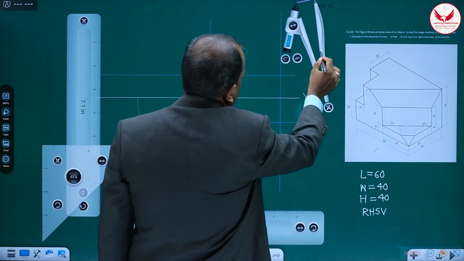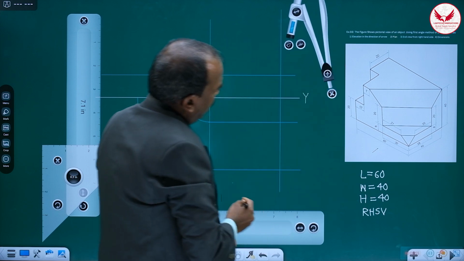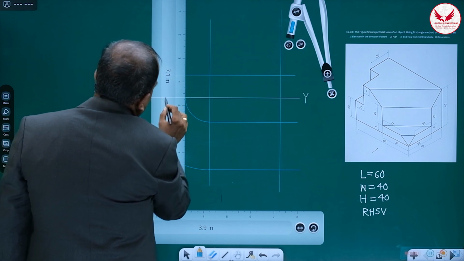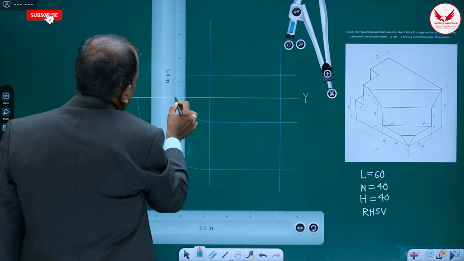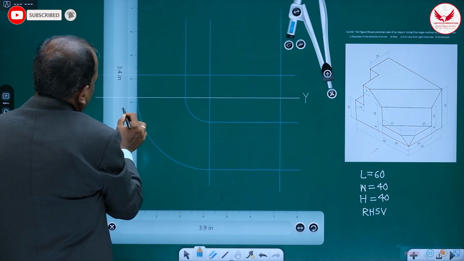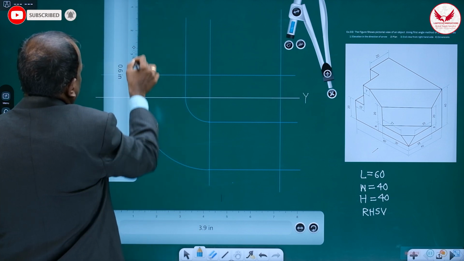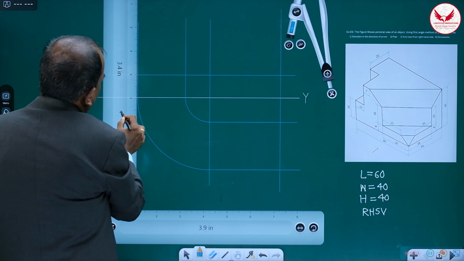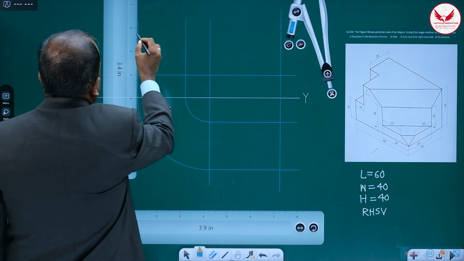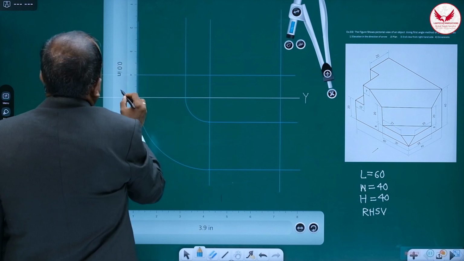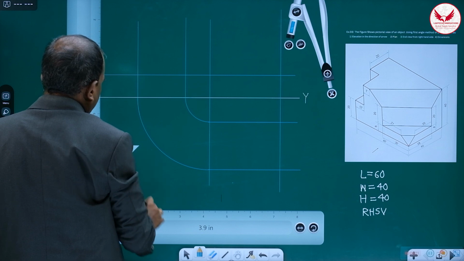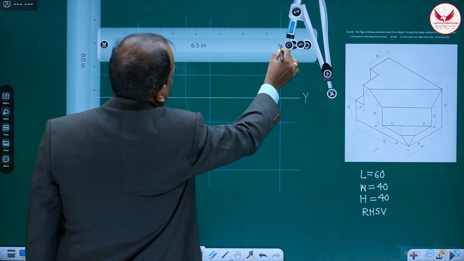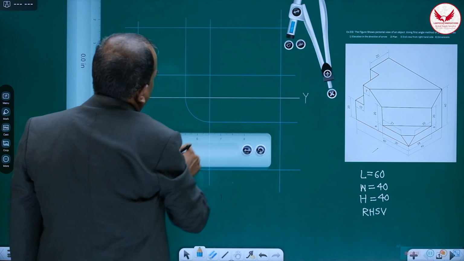After the 90-degree rotation, draw this vertical line, and this one also vertical. Then mark the height of the object from this uppermost line, which is 40, and from that 40 we can mark this horizontal line like this.